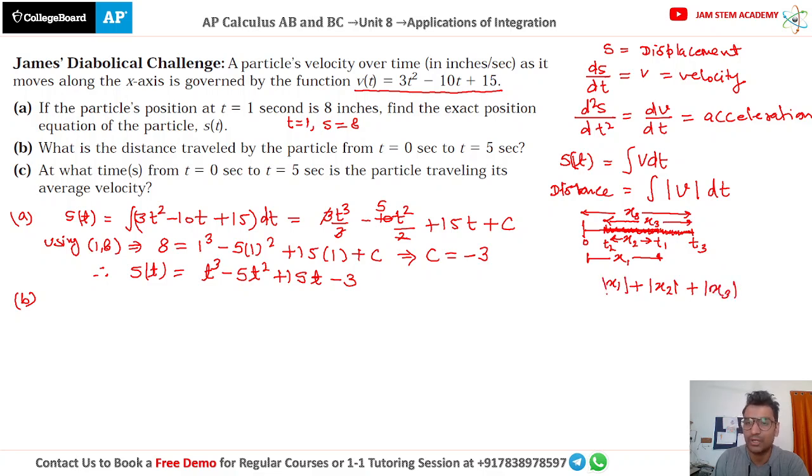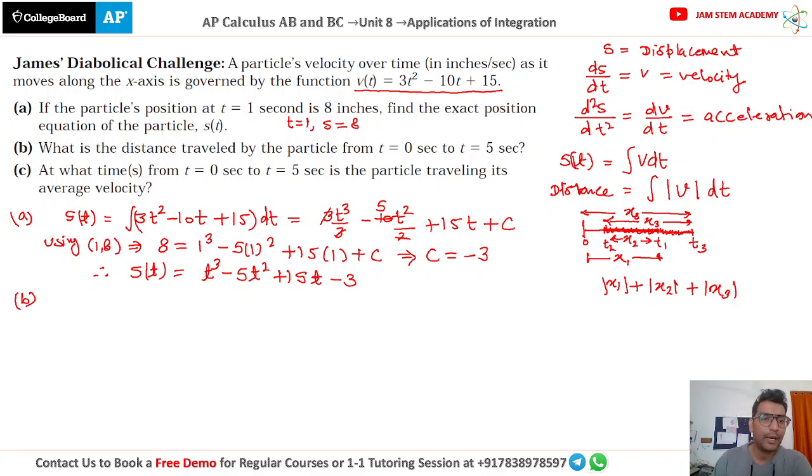I'm taking modulus because distance is always a non-negative number. So this will be my final answer, the total distance traveled by the particle. In case of displacement, it is simply x3 only. But for distance, it is mod x1 plus mod x2 plus mod x3.